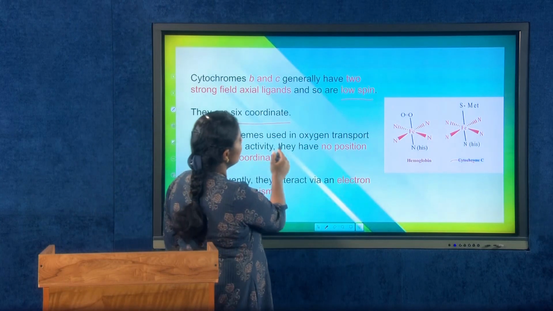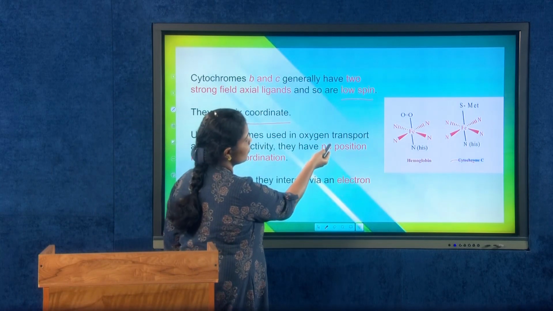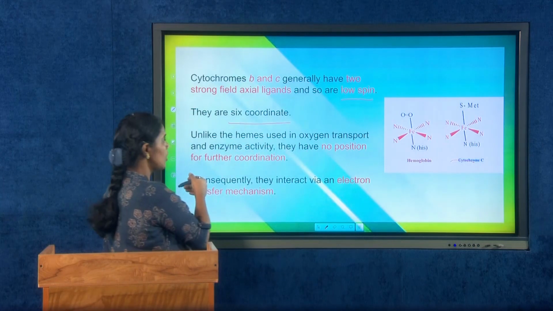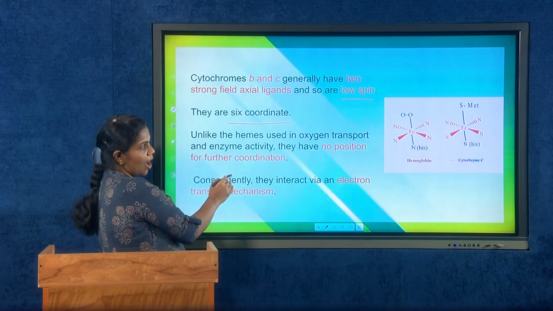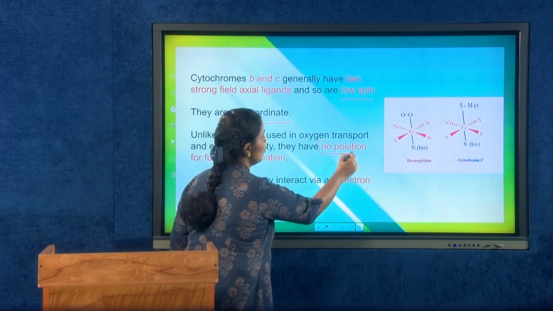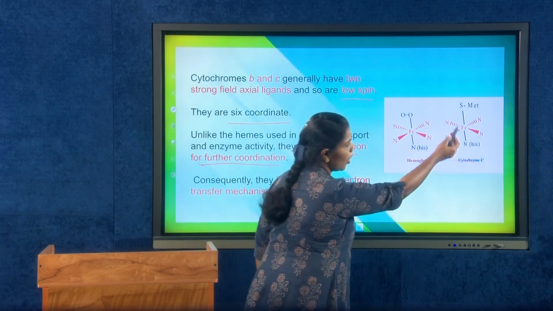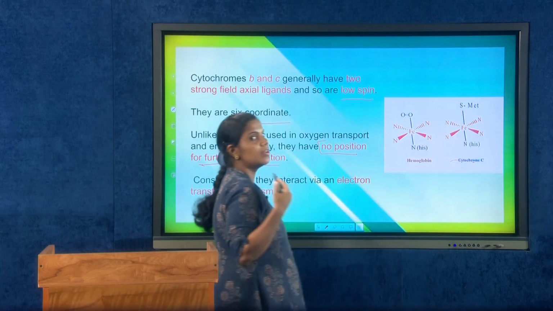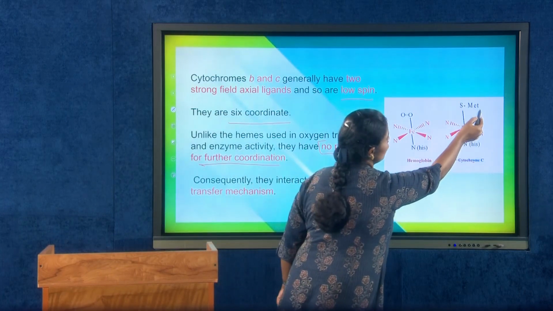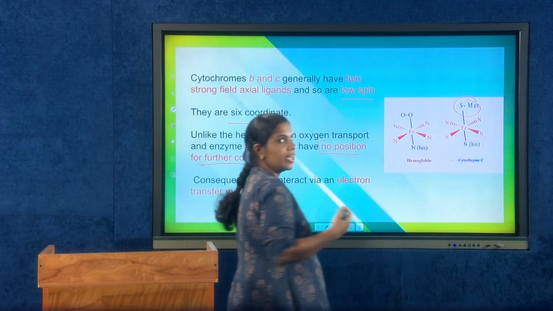So, unlike the heme present for oxygen transport, that is hemoglobin, it has no position for further coordination. That means it is hexacoordinated and there is no space for further coordination of any other group.